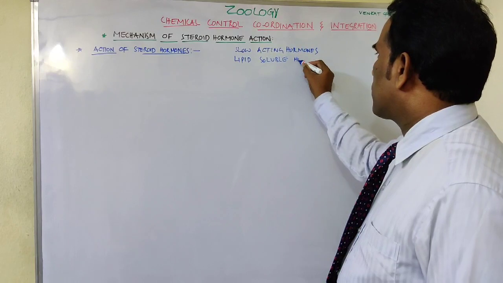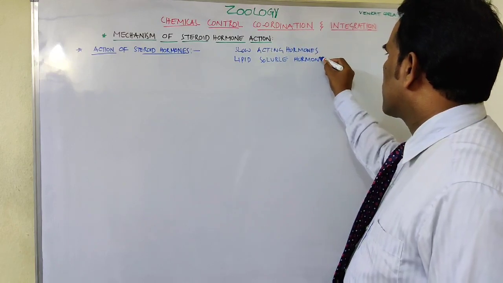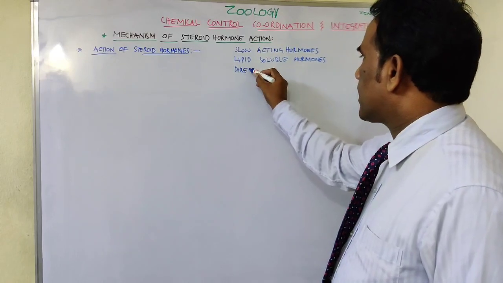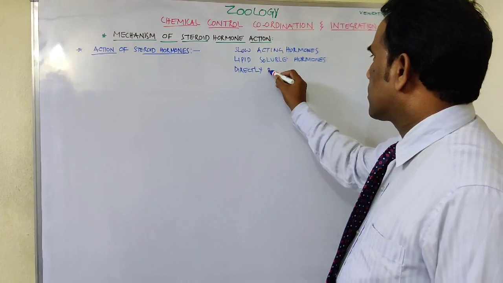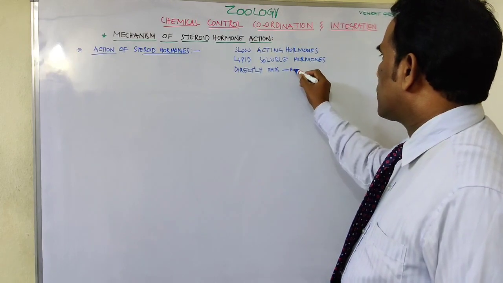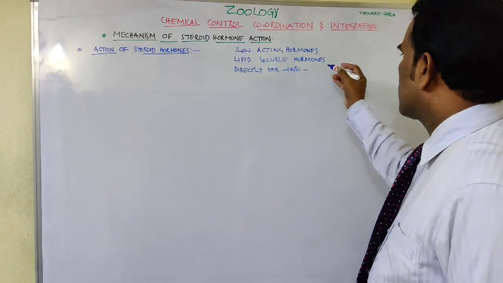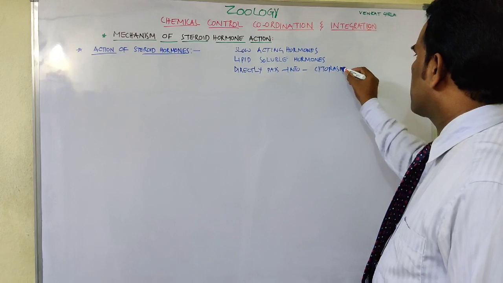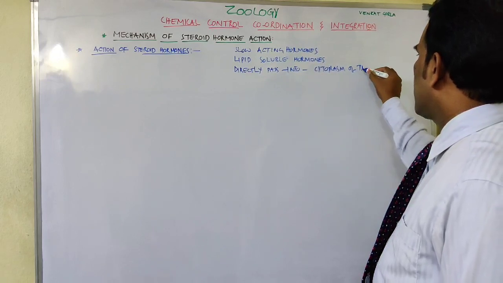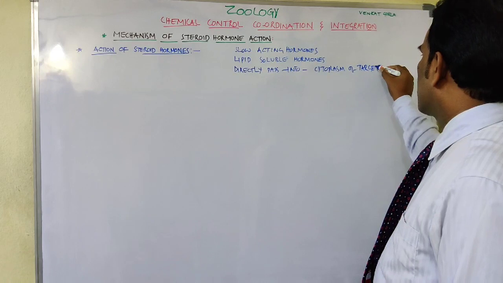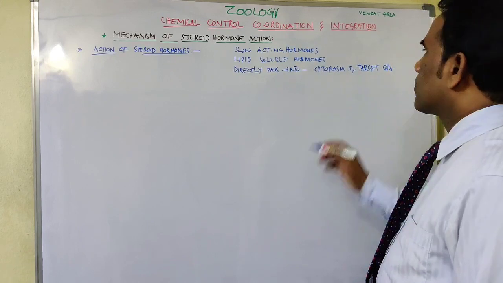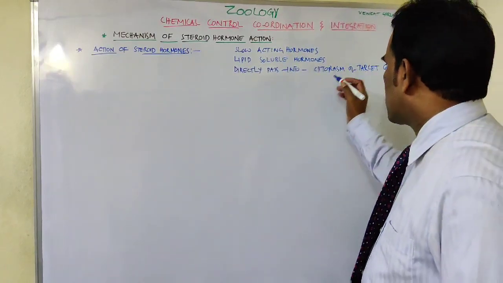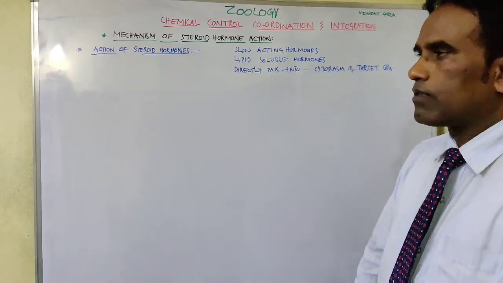These hormones directly pass into the cytoplasm of target cells. So the slow acting, lipid soluble hormones directly pass into the cytoplasm of the target cells.